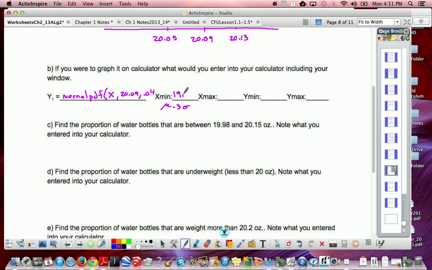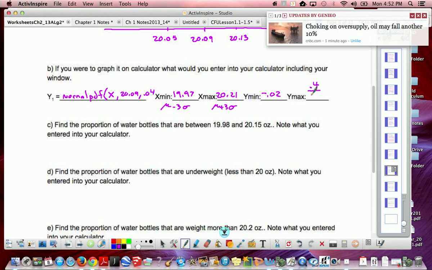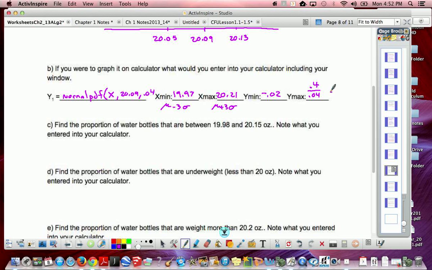So 19.97. And then the mean plus 3 standard deviations to get above the mean, which would be 20.21. Your y min is always negative 0.02 just because we want that graph to show up above the bottom of the graph. And then 0.4 divided by 0.04 is equal to 10.